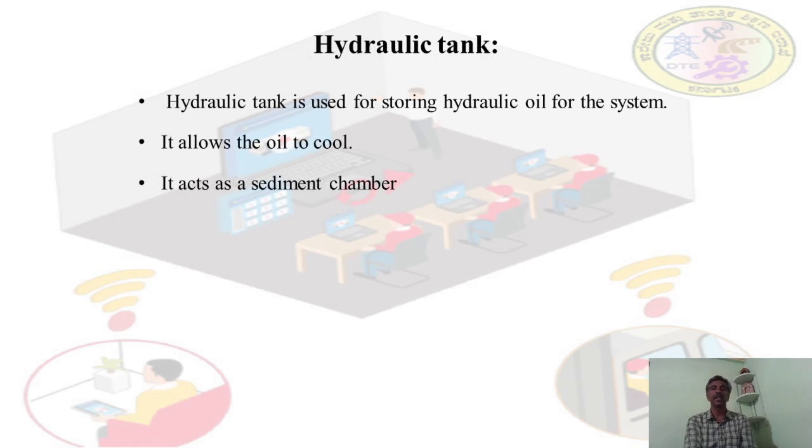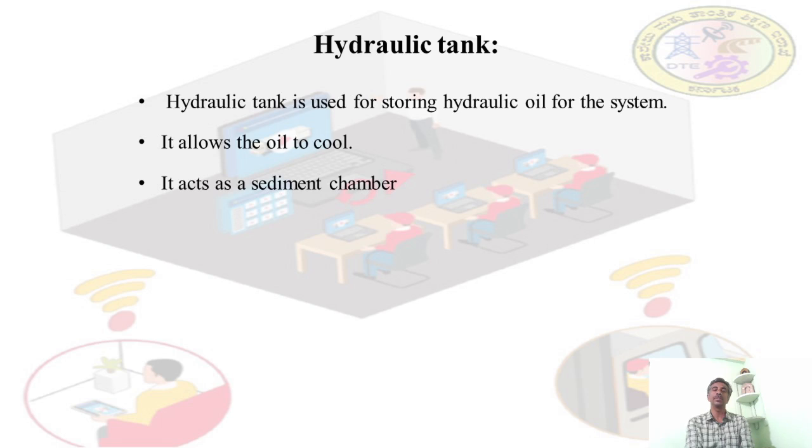The lifting arms are raised by the hydraulic pressure while raising the implement, but it is lowered by its own weight. Next, the hydraulic tank. It is a very important component in the hydraulic system. If the hydraulic tank is not there, it cannot suck the oil. It is used for storing the hydraulic oil, and it allows the oil to cool down. Some cooling arrangement is there, because after working the hydraulic oil gets heated.